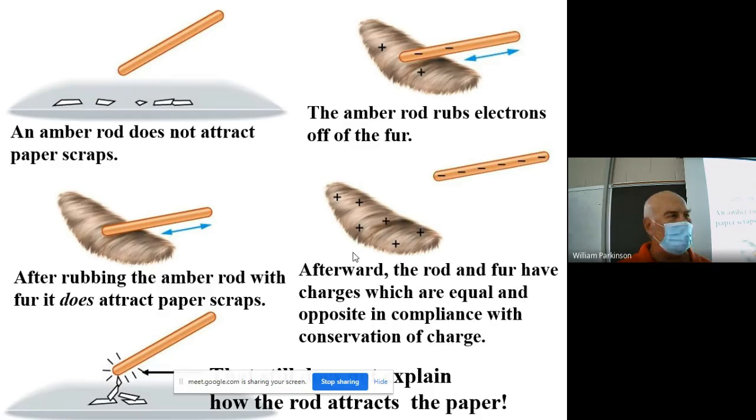I didn't rub the paper. I didn't do anything to the paper. So why is suddenly the paper attracted to the rod when the rod is charged, and it wasn't attracted to the rod when the rod is not charged? That doesn't really satisfactorily explain the way the rod attracts the paper.